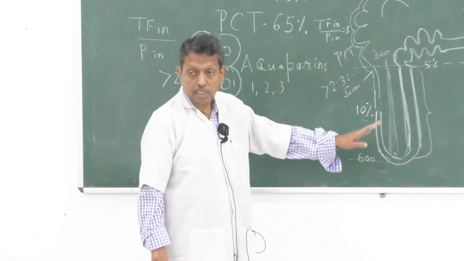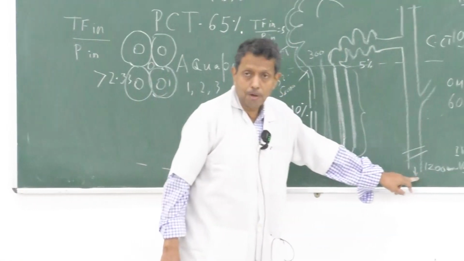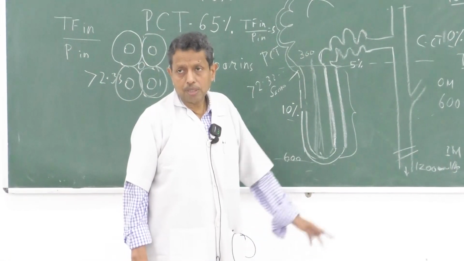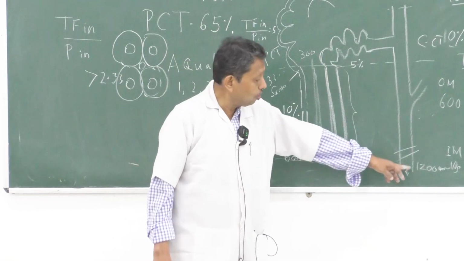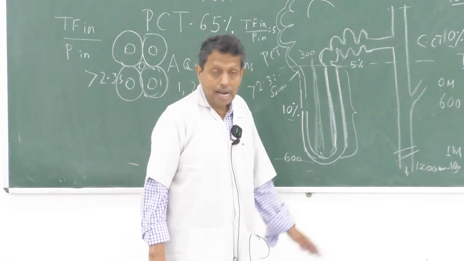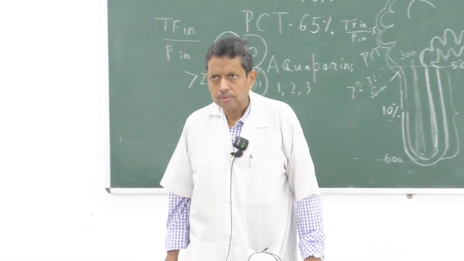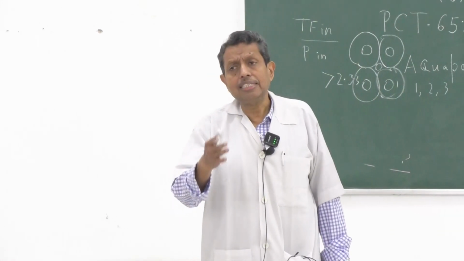And whenever concentrated urine is produced, it is 1200 milliosmol at the level of the papillary collecting duct, the inner medullary and terminal part. It is 1200 milliosmol per kg within the interstitium, and its vascularity is relatively less.